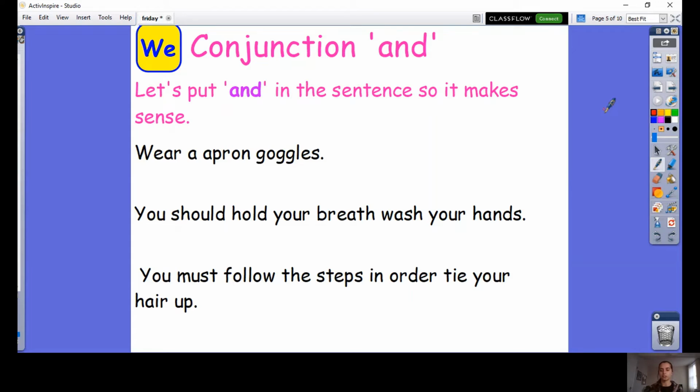I will read the sentence to you, then you will pause the video and you can write in where the and should go. Let's look at the first sentence. Wear a apron, goggles. Where should my and go? Pause the video and put the and in.